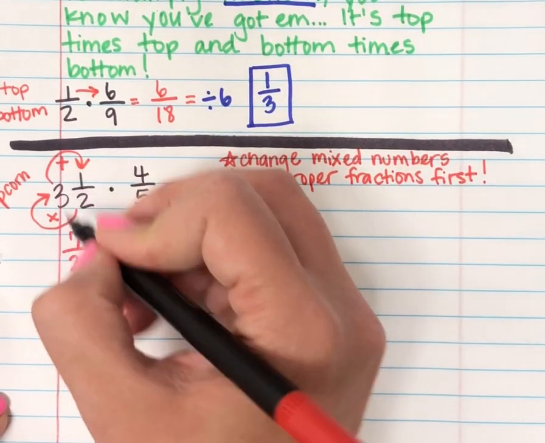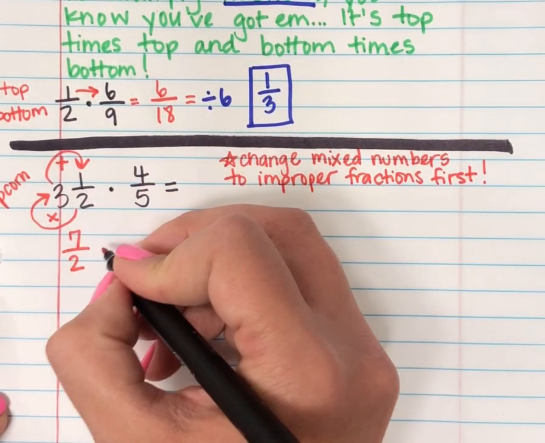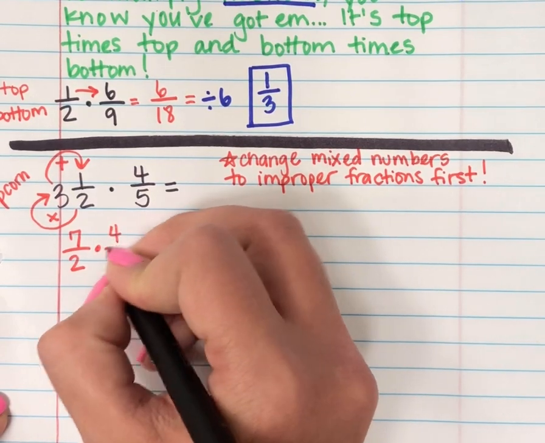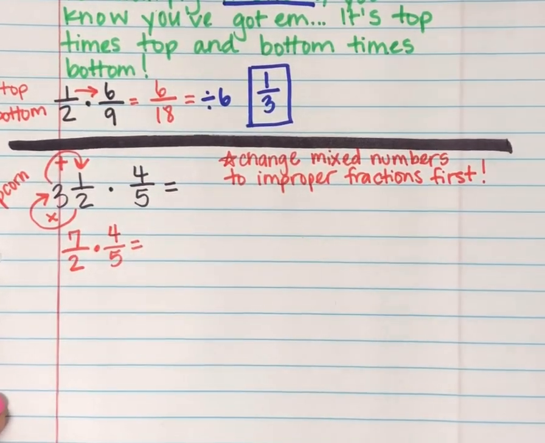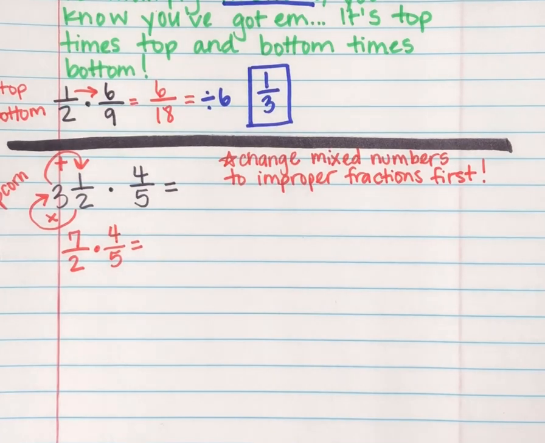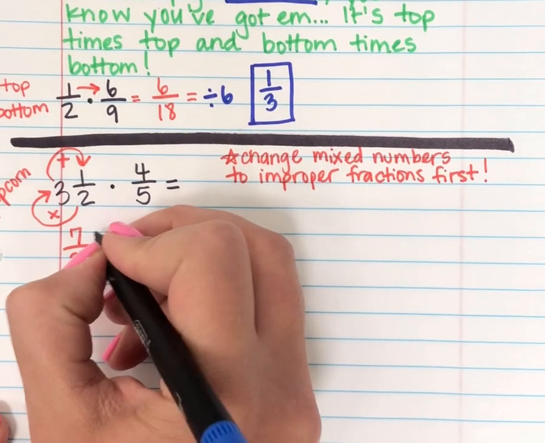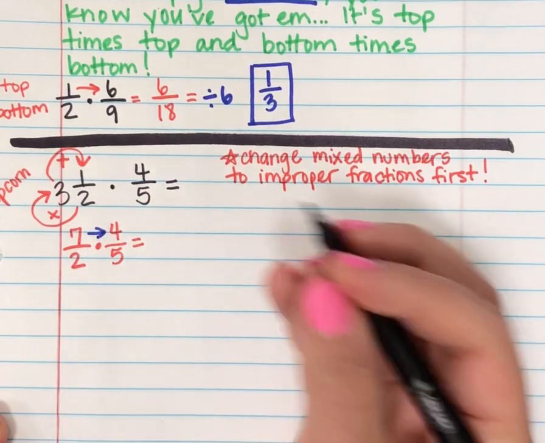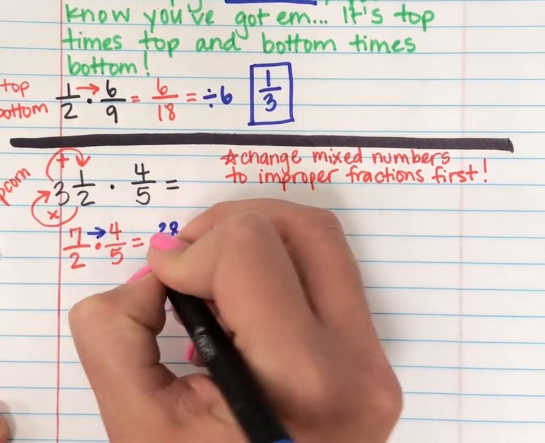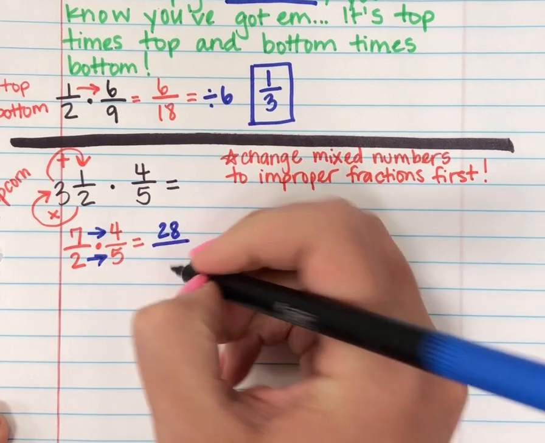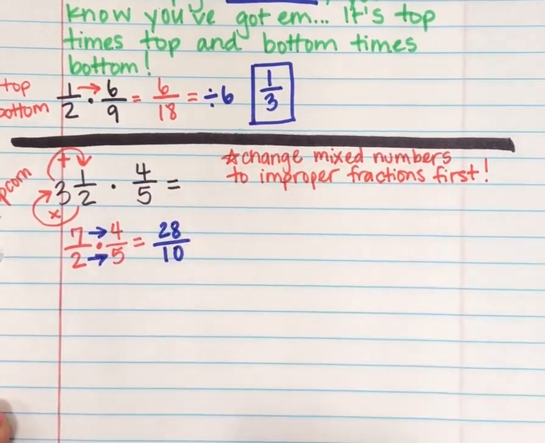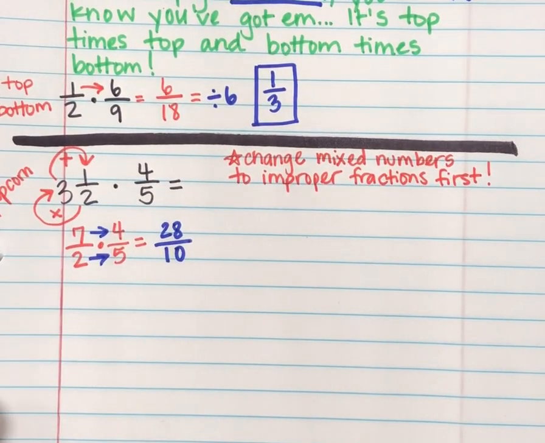So this mixed number actually converts to 7/2, and it's still going to be times 4/5. So now we use our little rhyme again. Top times top. 7 times 4 is 28. Bottom times bottom. 2 times 5 is 10. So 28/10.